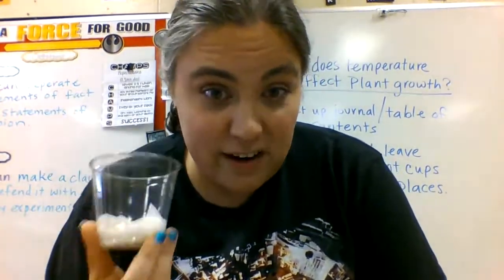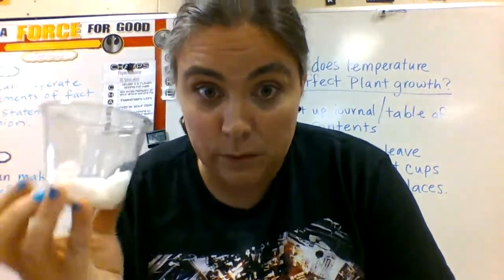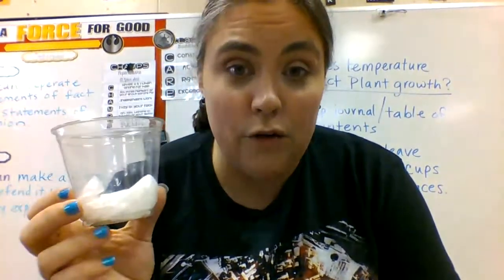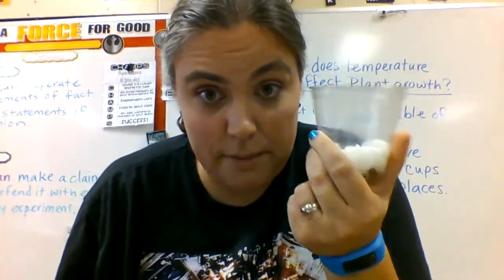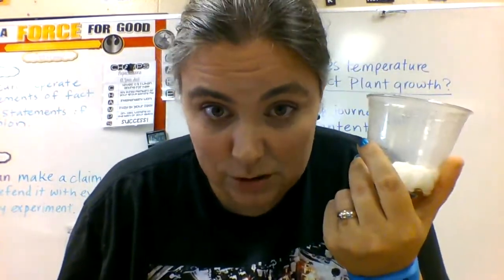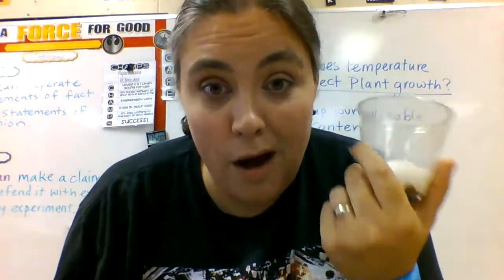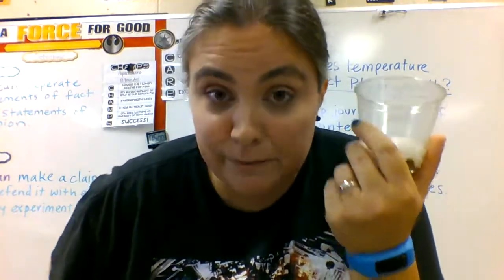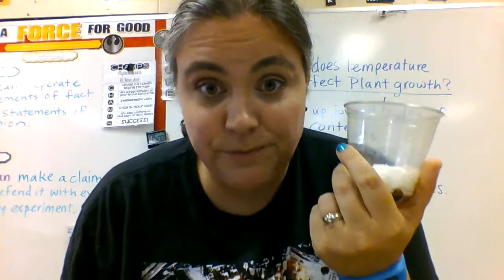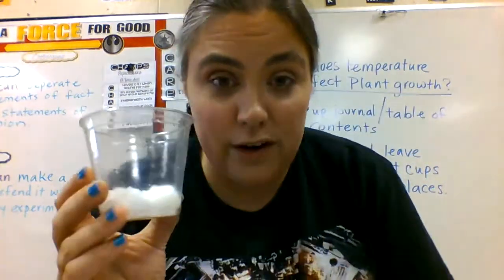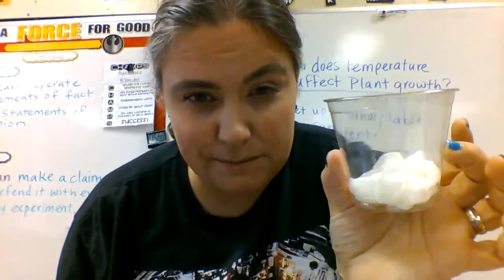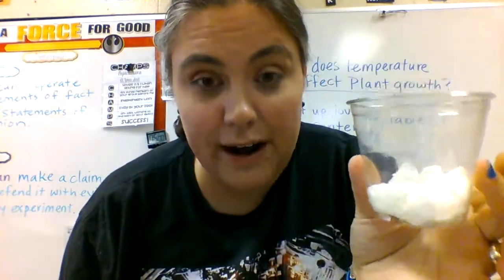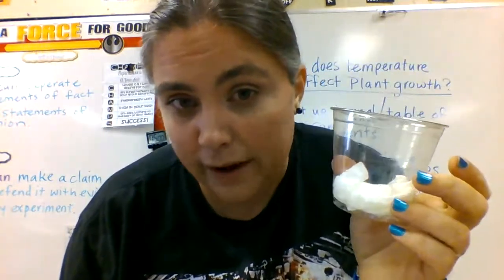Someplace you're going to remember where it is because it doesn't need to be in there forever and ever. We're going to have to come back in day 10 and go over it. The other cup, the cold cup, I'm going to put in my fridge. If you do this at home, make sure your mom knows that this is a science experiment and that she doesn't need to check in the trash. So one in the fridge, the cold weather cup, one in a warm, dark place like a cabinet in your house that doesn't get opened a whole lot.